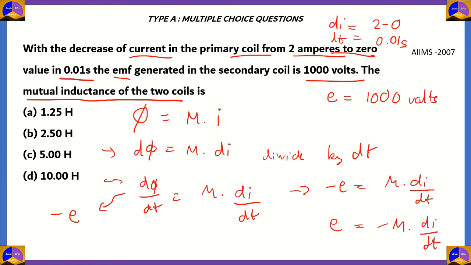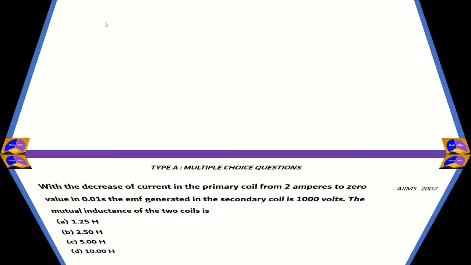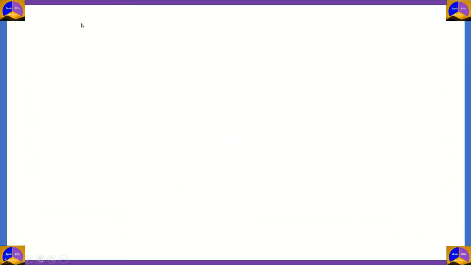So we have a formula which contains the EMF, the mutual inductance, the change in current, and the change in time. So this is the formula that we're going to be using. Let's write it down again. So EMF is equal to minus m times di divided by dt. Again, minus represents the opposite direction.